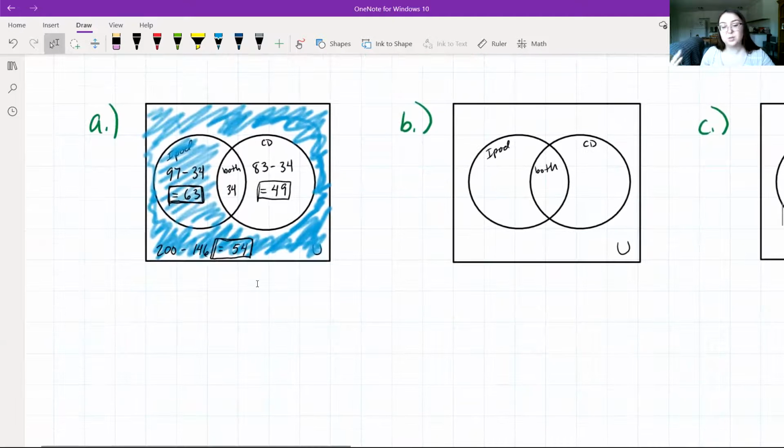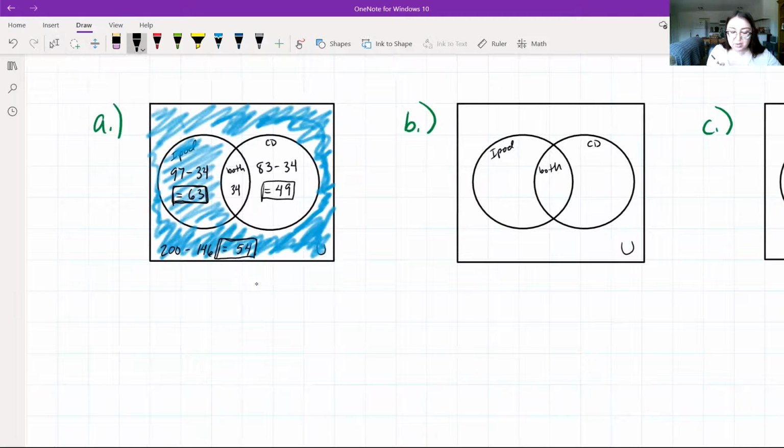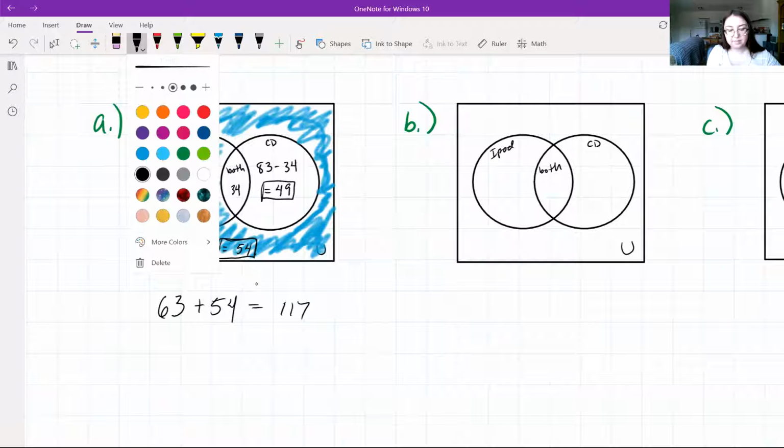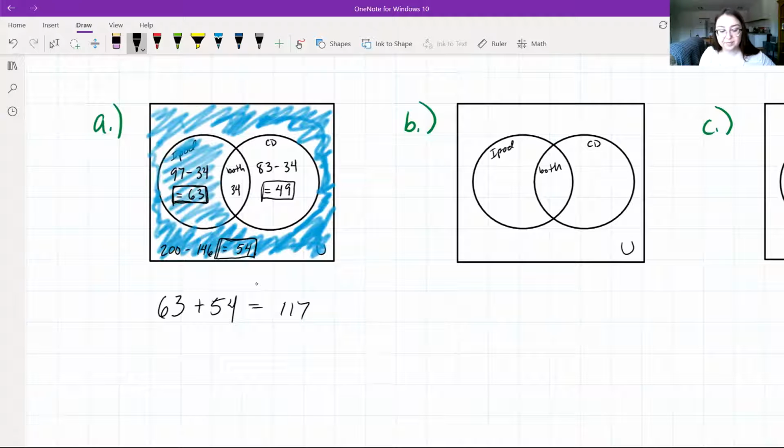And we know these values, we see our area is shaded in, so we're going to add these together. People that only have iPods are 63, and people that don't have anything is 54. Now we can just add these together, and we get 117.